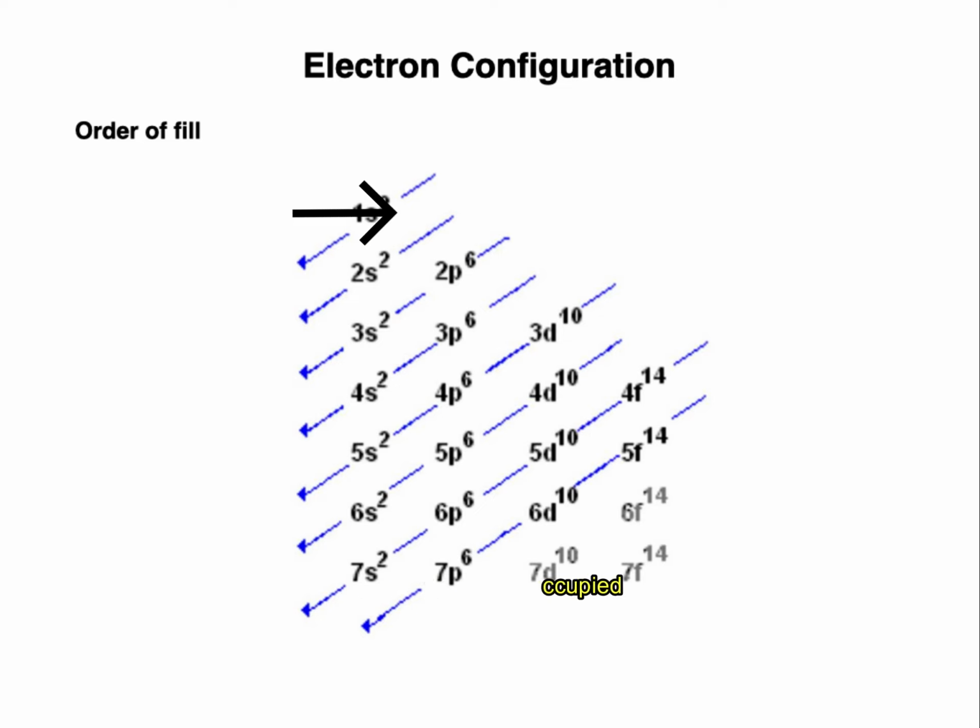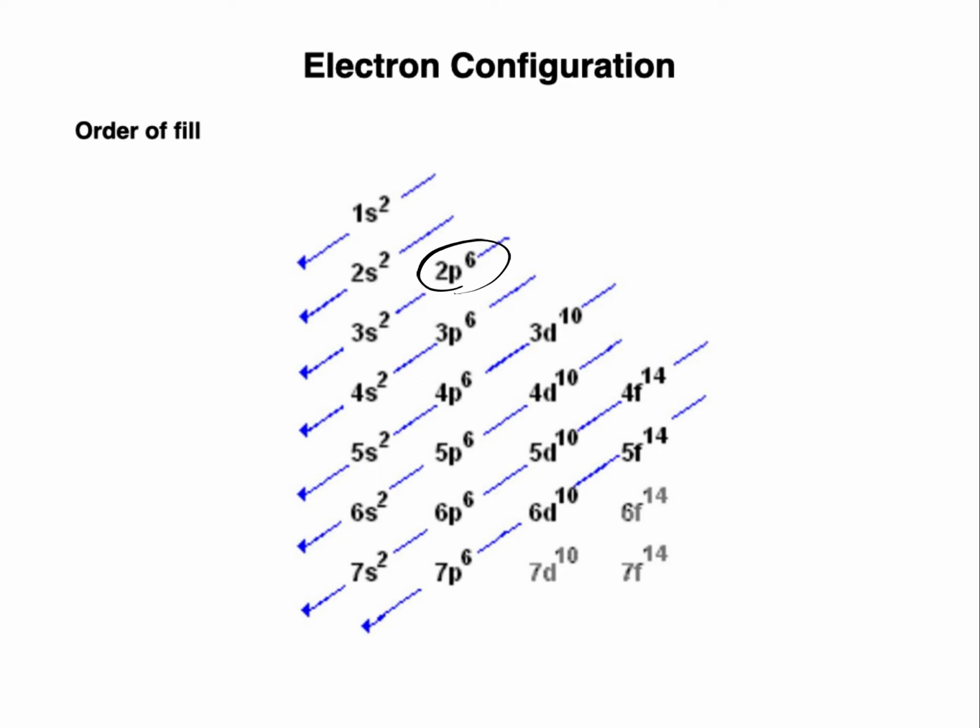As you can see, the first energy level only occupies 1 sublevel, 1 orbital, and so can hold a maximum of 2 electrons. Now let's look at the second line. The second line shows the different sublevels that are occupied in the second energy level. In this case, there is an addition of the P sublevel.